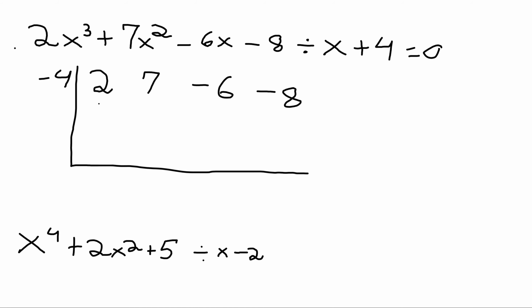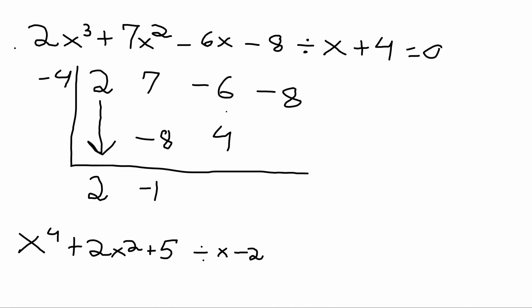It's very simple. So for the first term, you always bring down the first number. So we bring down the 2, and then we multiply it by -4. So then we get -8. But then we add after this, so it'd be -1, and then multiply, we get 4, and then add, and then multiply, and then add. Yeah, you get the thing.